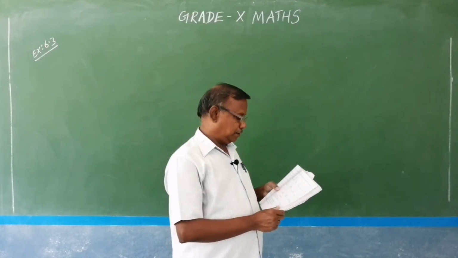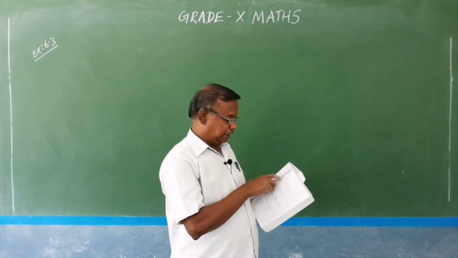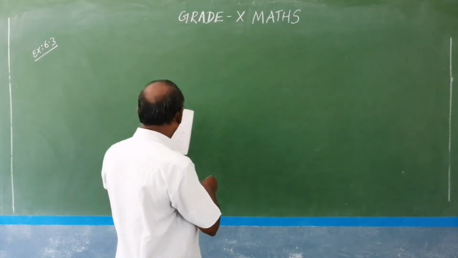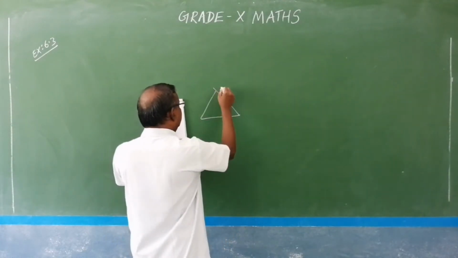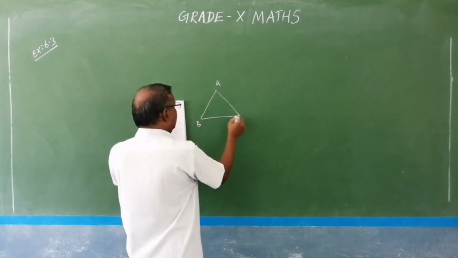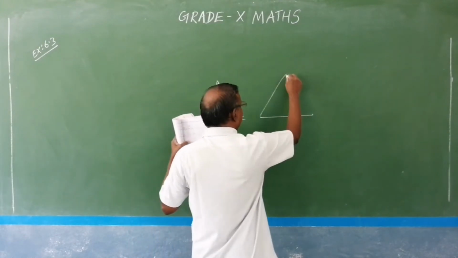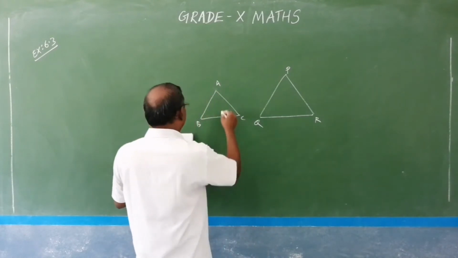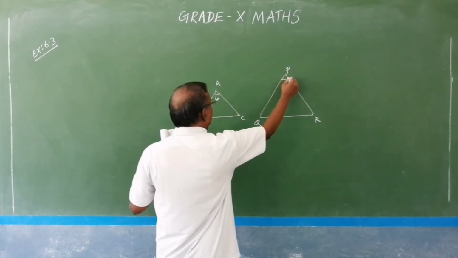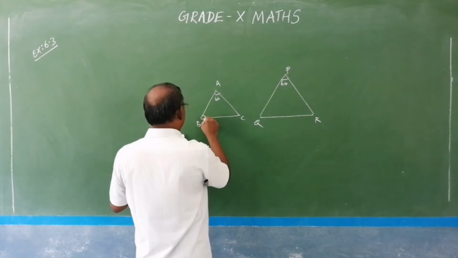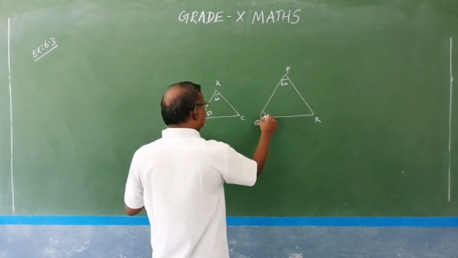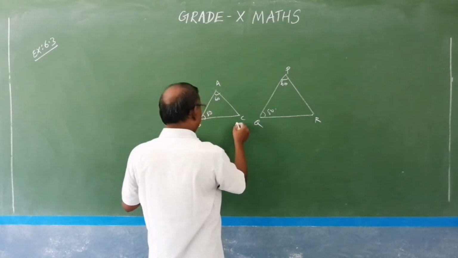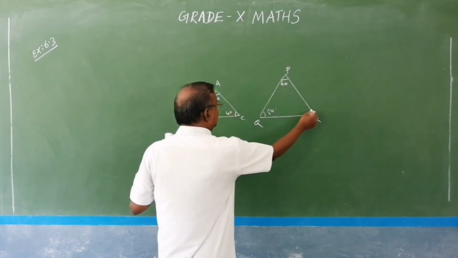In the first subdivision, in triangle ABC and PQR, say here angle 60 and 80, and the other triangle is also 80 degrees and 40.